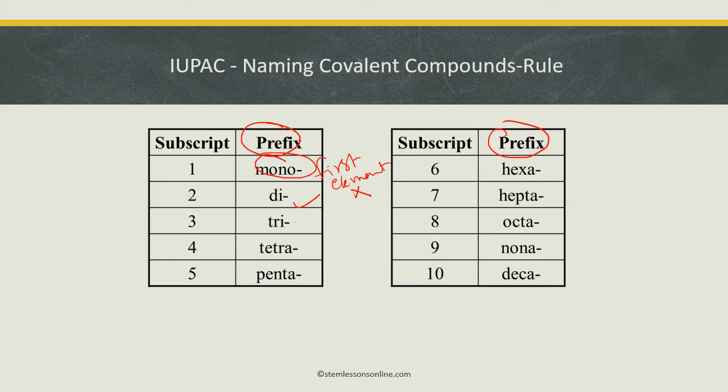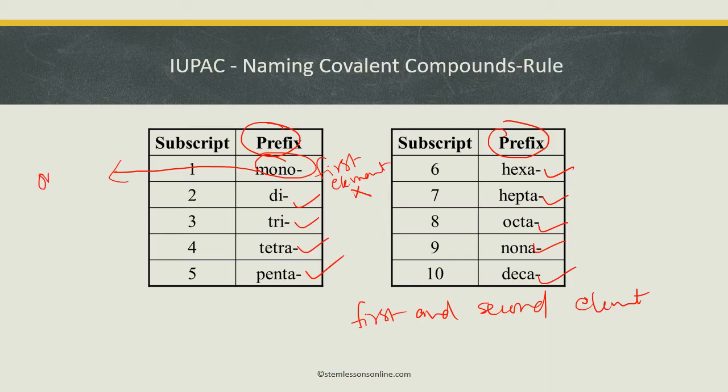But di, tri, tetra, penta, hexa, hepta, octa, nona, and deca, we will use for both the first element as well as the second element. We will use all these prefixes, but only mono is different. Mono we will use only for the second element.